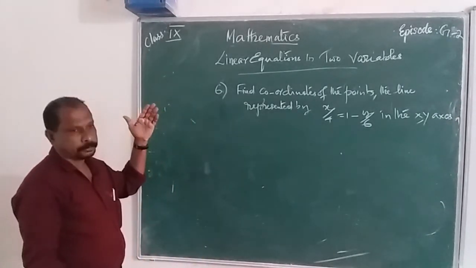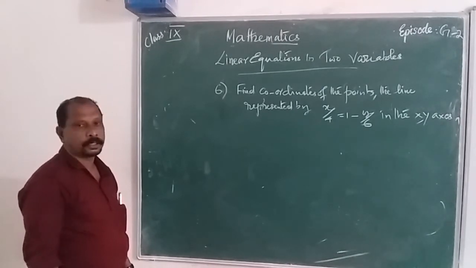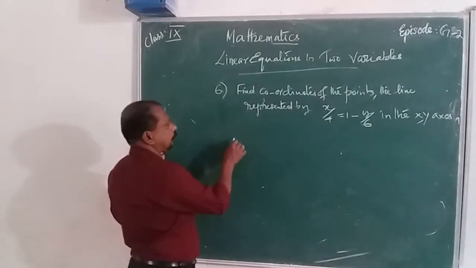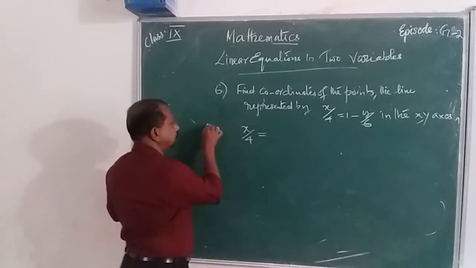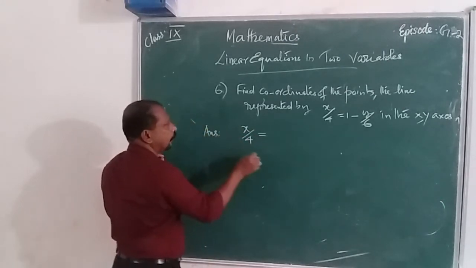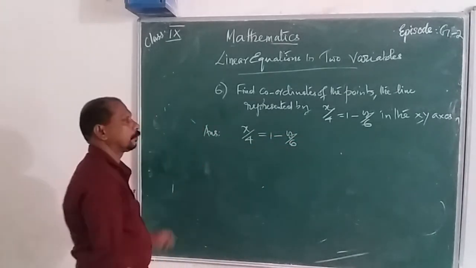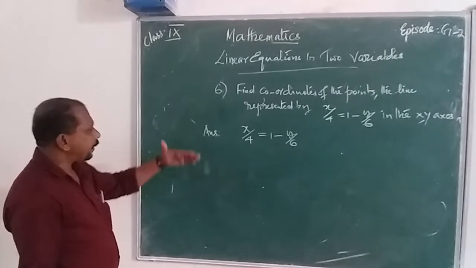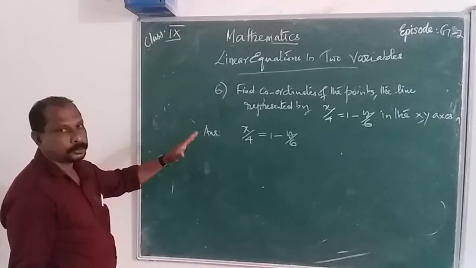So, same as the previous question, the x coordinate is 0 on the y-axis and the y coordinate is 0 on the x-axis. That means x by 4 is equal to 1 minus y by 6 is the line. Directly we cannot rearrange this equation in the form ax plus by plus c is 0.